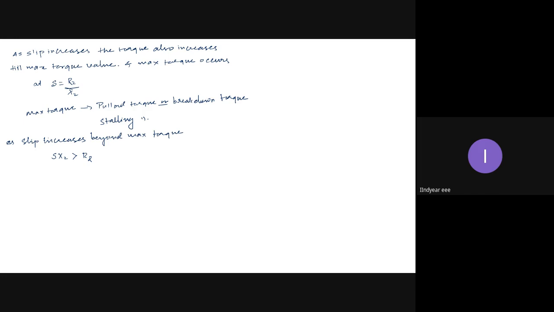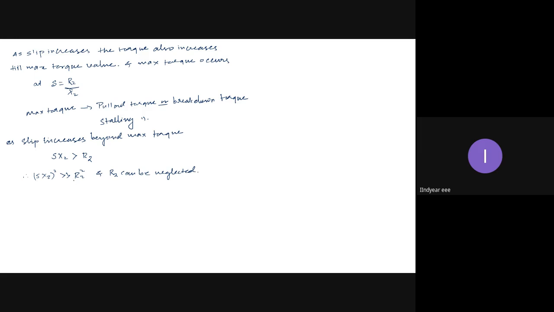Therefore, S into X2 whole square is greater than R2 square, and R2 can be neglected.